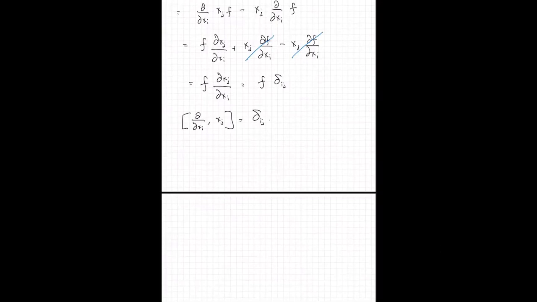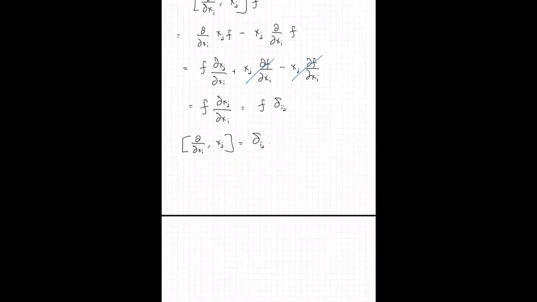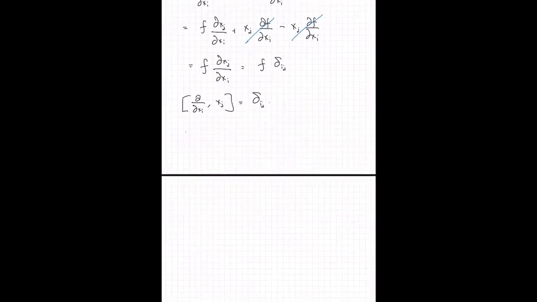So given that we know what this is, now let us actually go ahead and calculate the commutator of the angular momentum with x and with d/dx both. So what is the commutator of angular momentum in one direction, Li, with x in some other direction, xj? i could be equal to j, or i need not be equal to j.